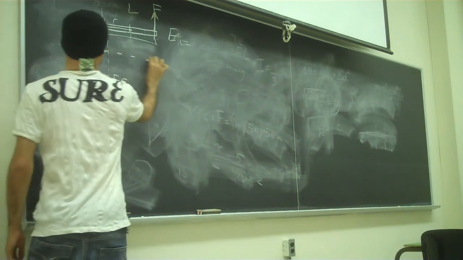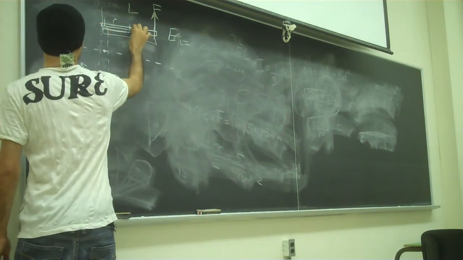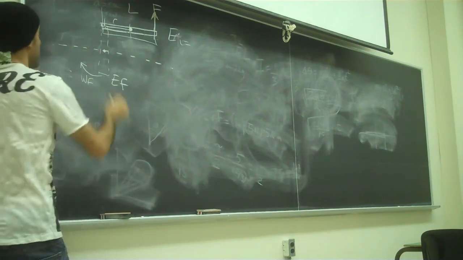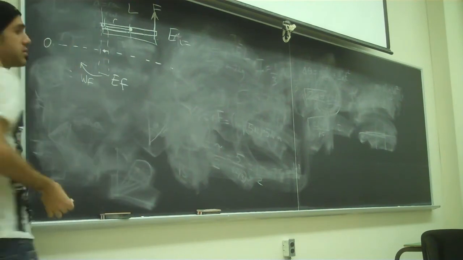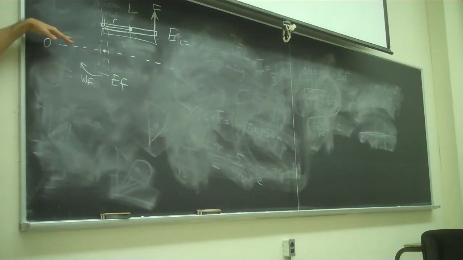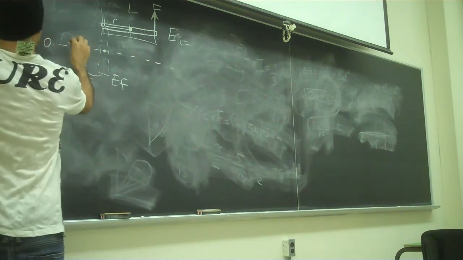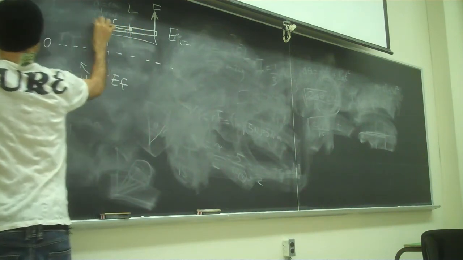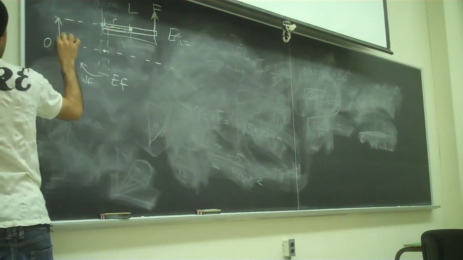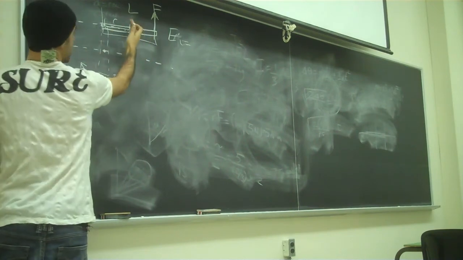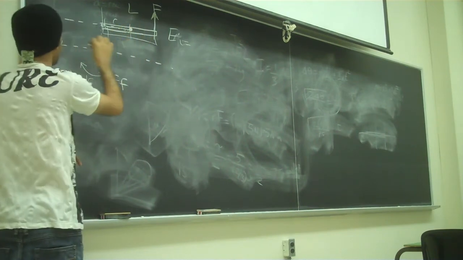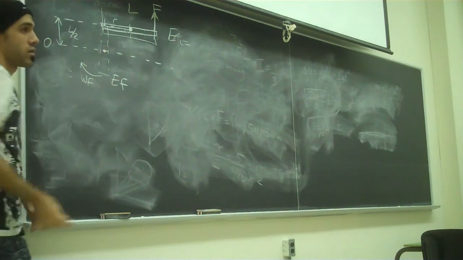So the center of mass is initially here, and let's say that this height here is 0. I'm using energy, right? So the gravitational potential energy is mgh. If I call this 0, from this height over here is a certain height which is equal to the length over 2 up from here, right? So this is L over 2.